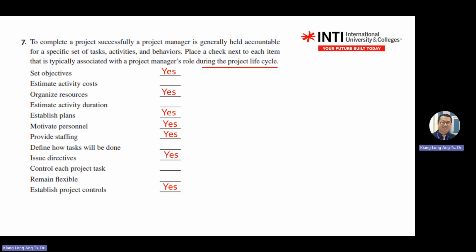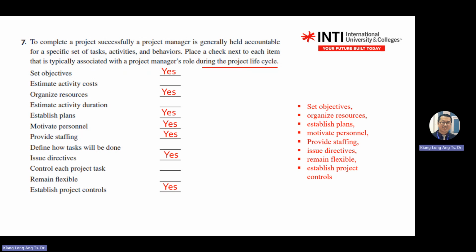Although the answer here is yes, it is very gray because you have 3 types of organization chart: project-based, non-project-based, and hybrid. So it can be yes, it can be no, but if you put yes in the answer, I also give you correct because my slide gives you yes. So these are the things: set objective, organize resources, plan, motivate, staffing, remain flexible, establish project control.